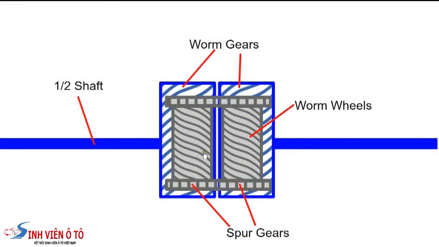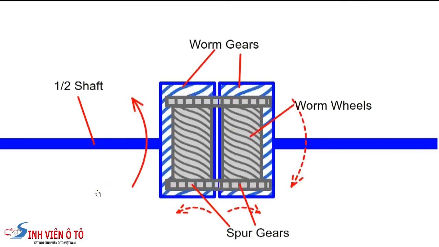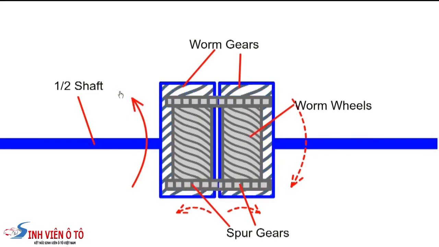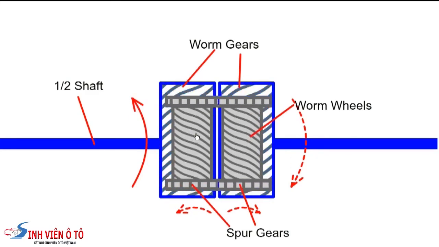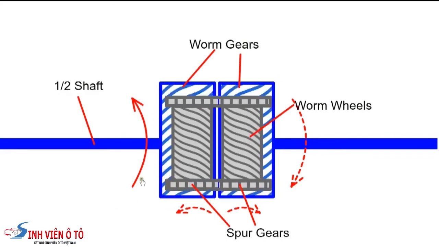To demonstrate the operation of the torsion diff, we'll keep the cage stationary and rotate one of the wheels, effectively jacking up the car and rotating one wheel forward and the other wheel backwards. If the left wheel is rotated in this direction, it will drive the worm, which in turn will drive the other wheel via the spur gears.